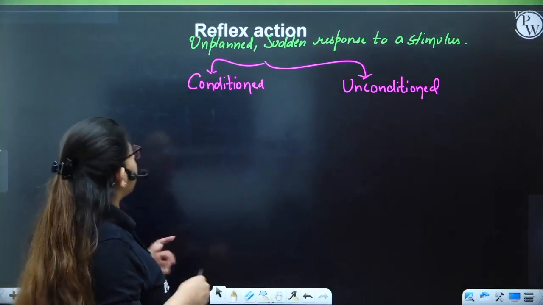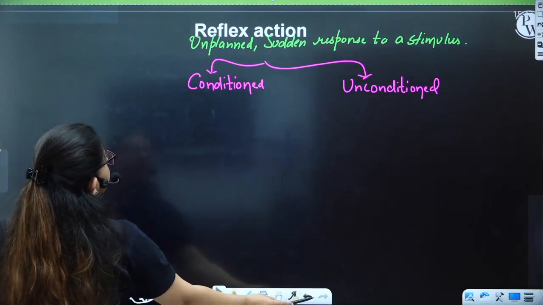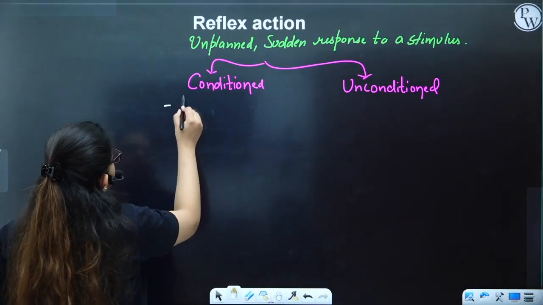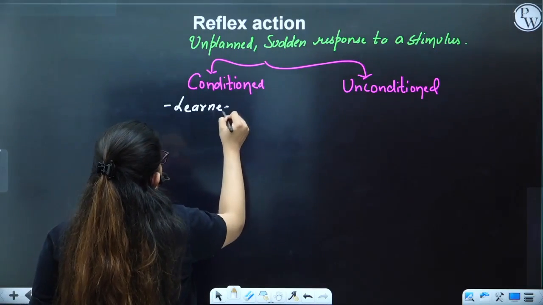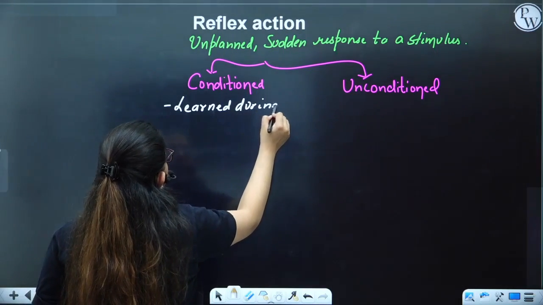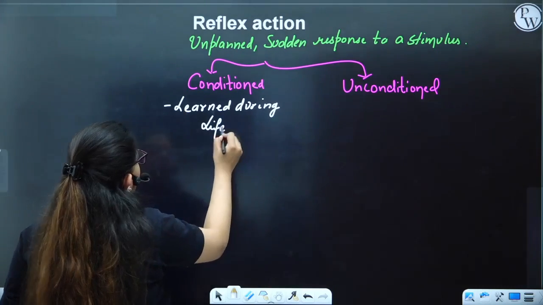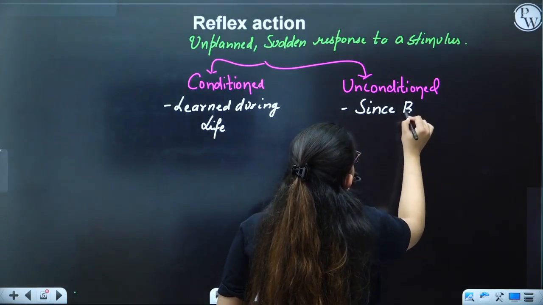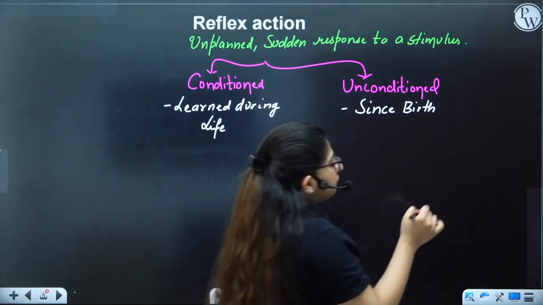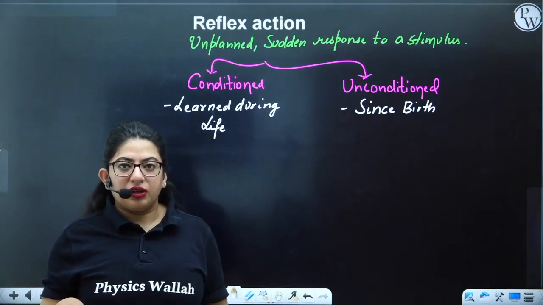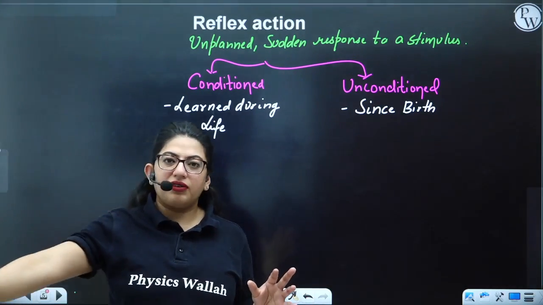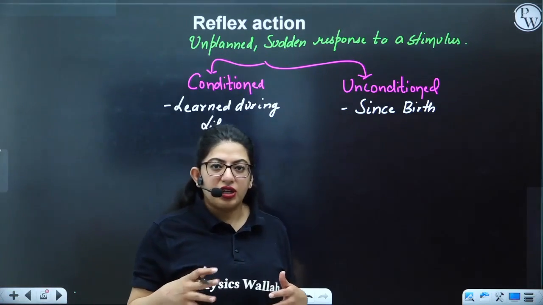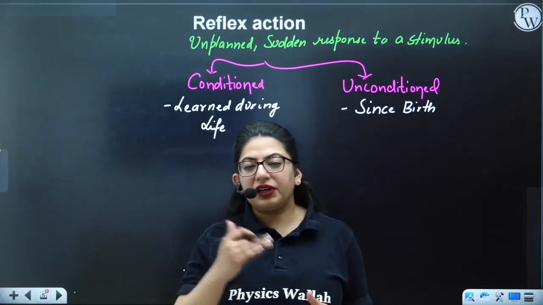So conditioned reflexes are reflexes that are learned during life, whereas unconditioned are not learned during life, they are since birth. For example, if we touch something hot, we have not learned it, the body will respond itself and take away your arm.